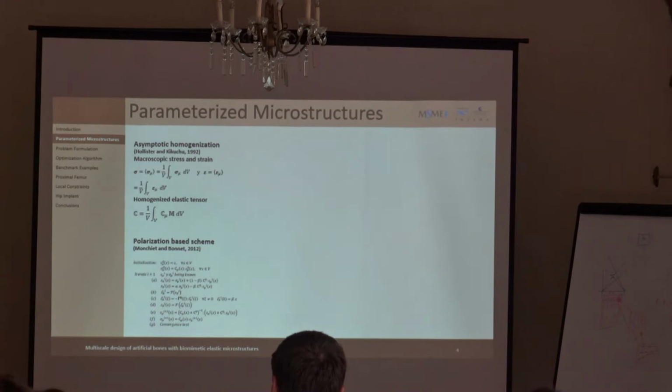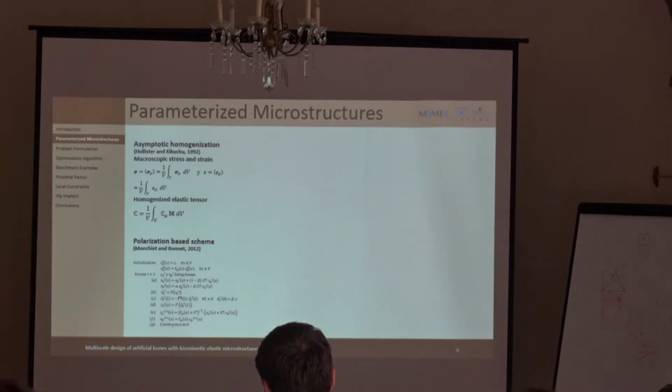Before introducing these microstructures in the optimization method, we checked if these microstructures are able, I said that it's multiscale design of artificial bones. I didn't make the motivation of the work, but since we are trying to design artificial bones here, we check if these microstructures are able to reproduce the mechanical behavior of the trabecular bone.